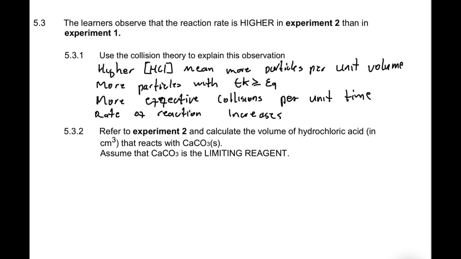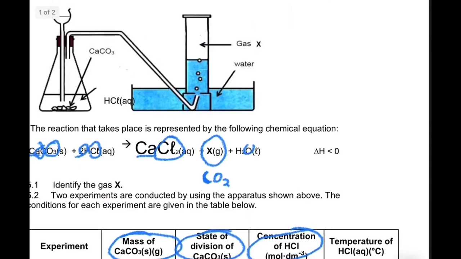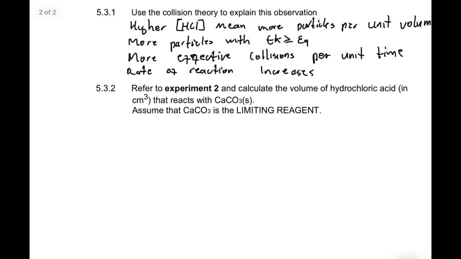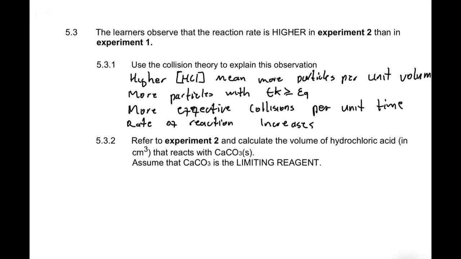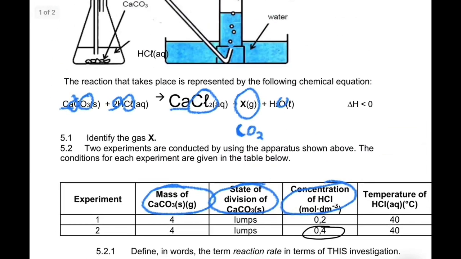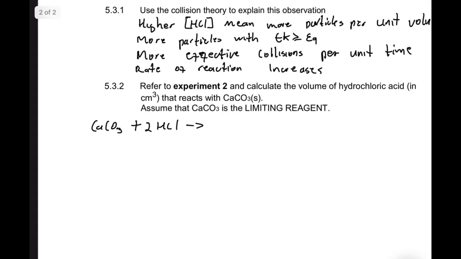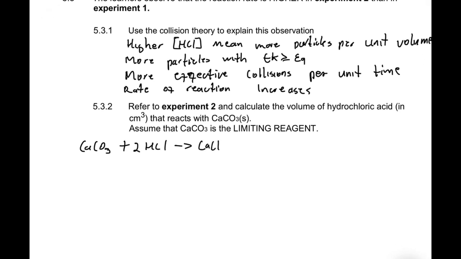5.3.2 says, refer to experiment 2 and calculate the volume of HCl in cm³ that reacts with CaCO3. So let's go back to our equation and let me just copy it. So we have CaCO3 plus HCl. I think we have 2 here, giving us CaCl2 plus X plus H2O.